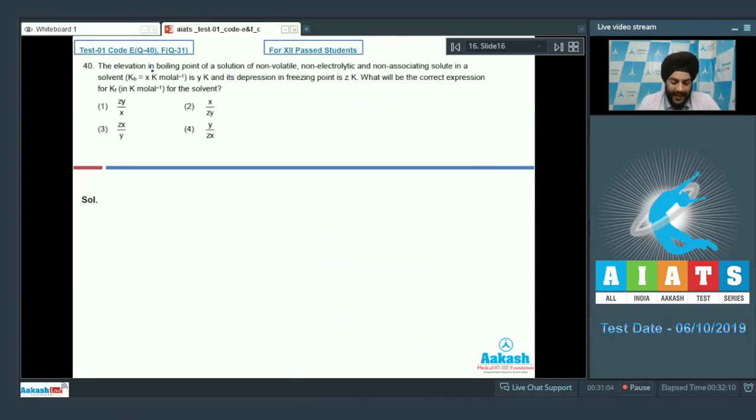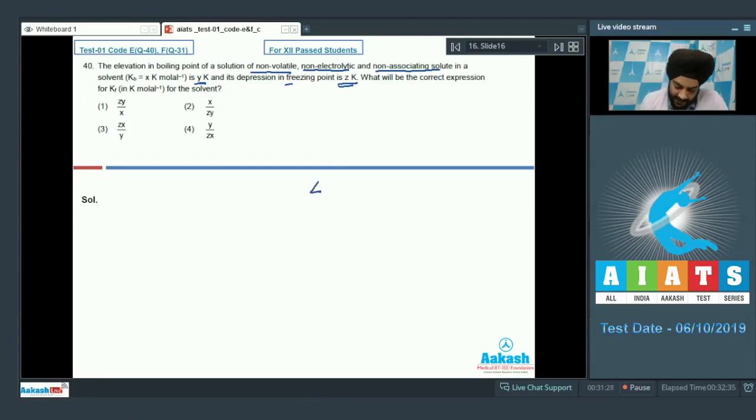Question number 40. The elevation in boiling point of a solution of non-volatile, non-electrolytic and non-associating solute in a solvent. The Kb of the solvent given to us is X Kelvin, and its depression in freezing point is Z Kelvin. What will be the correct expression for Kf in Kelvin molar inverse for the solvent?